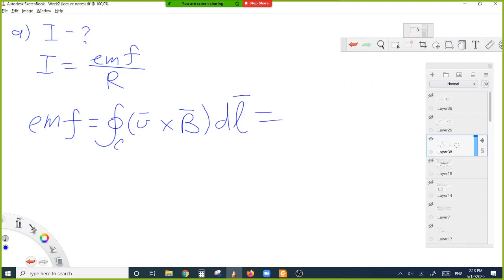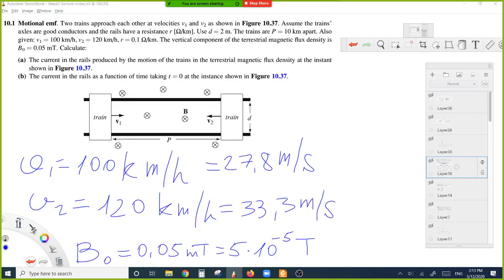And we can divide this closed path, which is given in our problem, into 4 parts. Part 1, which is this, and part 2, part 3, and part 4.